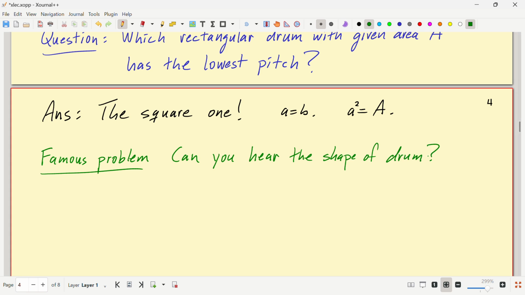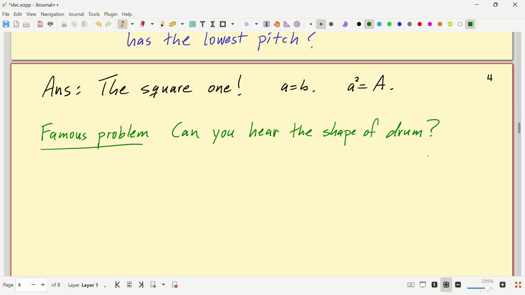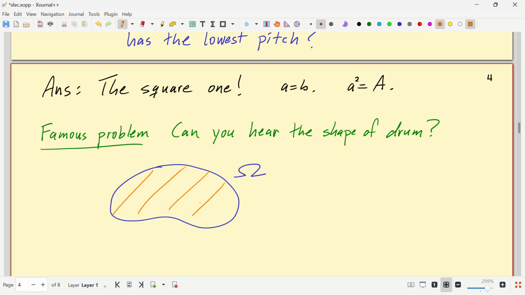It turns out that a drum of any shape has magic numbers like the omegas. So we'd have a drum of a weird shape and a membrane stretched by it, and then we have the wave equation.